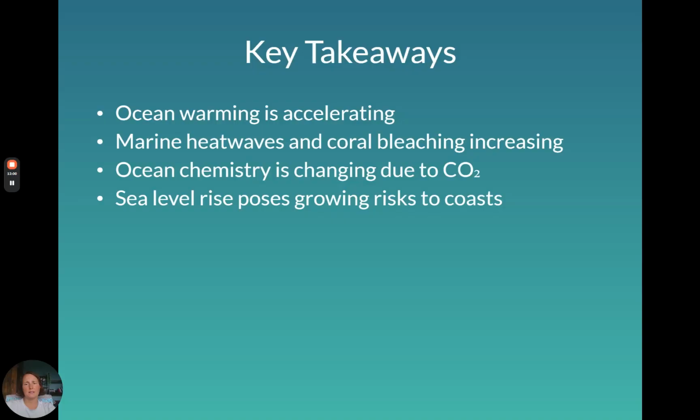And sea level rise is coming up exponentially, and that poses many, many risks to the coasts around the world. In the third and final lecture for week 15, we're going to look more at what's happening in Hawaii, the future of the oceans, and how climate change affects us here locally.